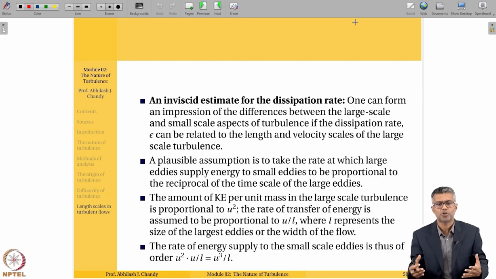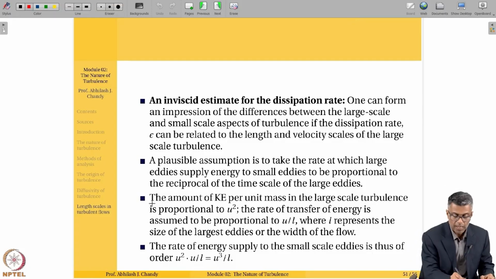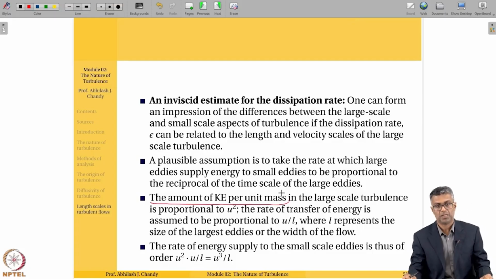You can assume that the rate at which large eddies supply energy to the small eddies as they are breaking down is proportional to the time scale. That's not a bad assumption. Now, think about the amount of kinetic energy per unit mass. It is proportional to U squared, since half m v squared is the equation for kinetic energy.